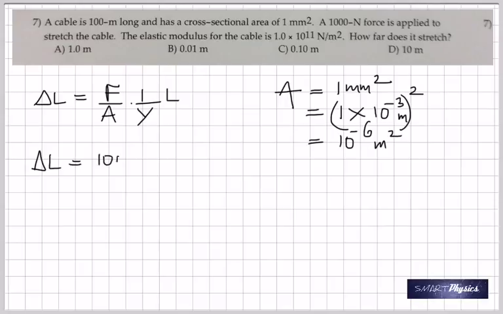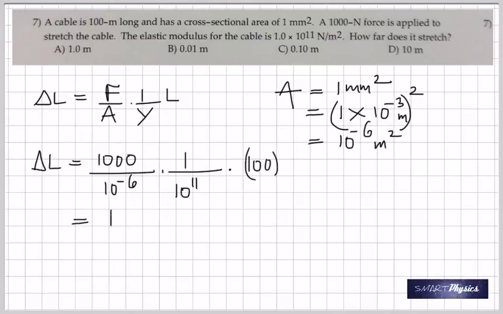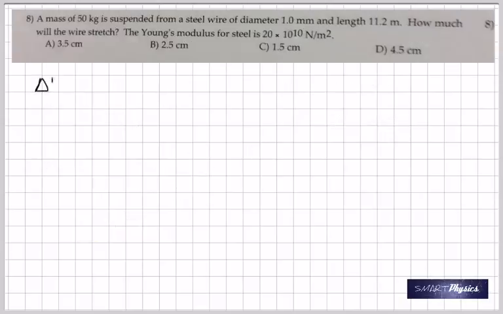Now the force applied is 1,000. We have the area of cross section. Young's modulus is 10 to the 11 and the original length is 100 meters. That gives us 1 meter when you do all the calculations. That's how much it stretches.